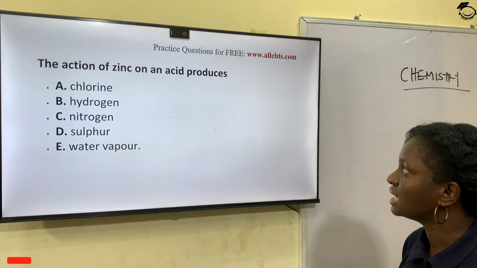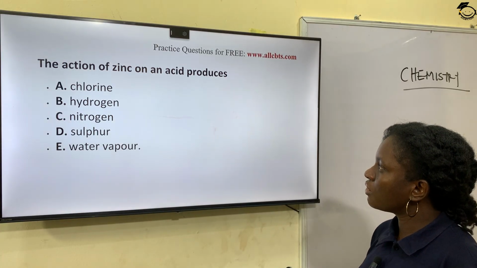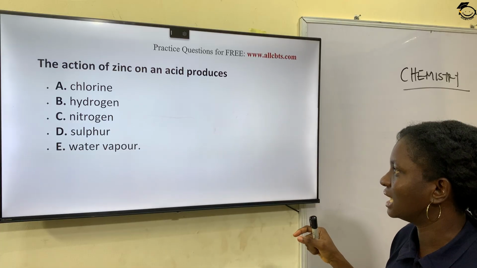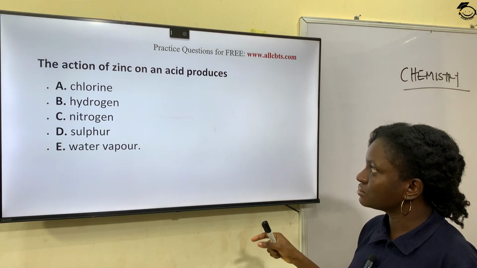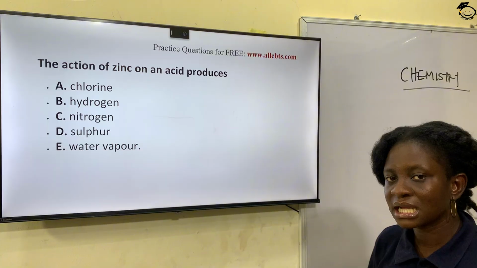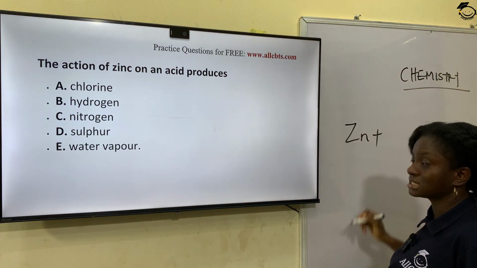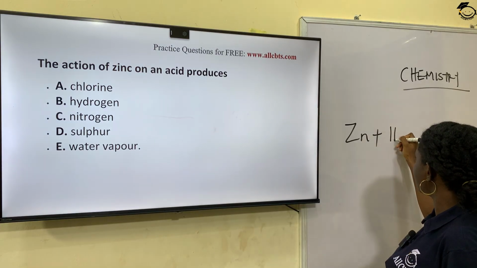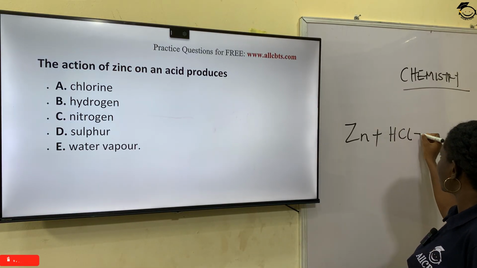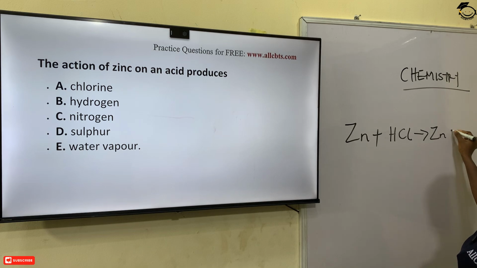Next question. The action of zinc on an acid produces, when zinc reacts with an acid, for instance, let's say HCl, we have zinc chloride plus hydrogen.